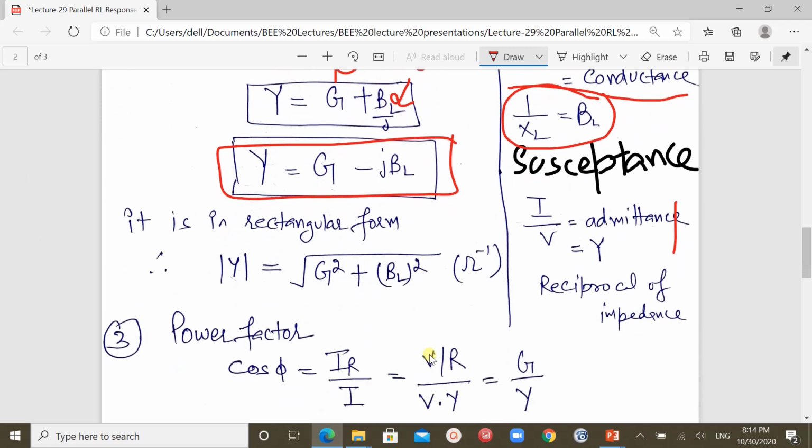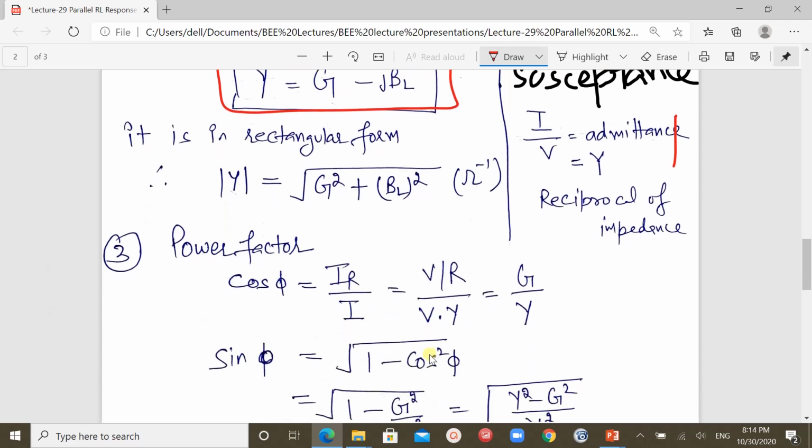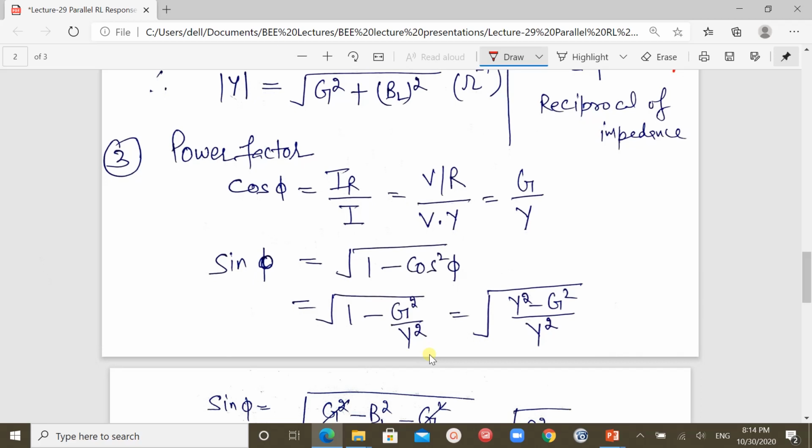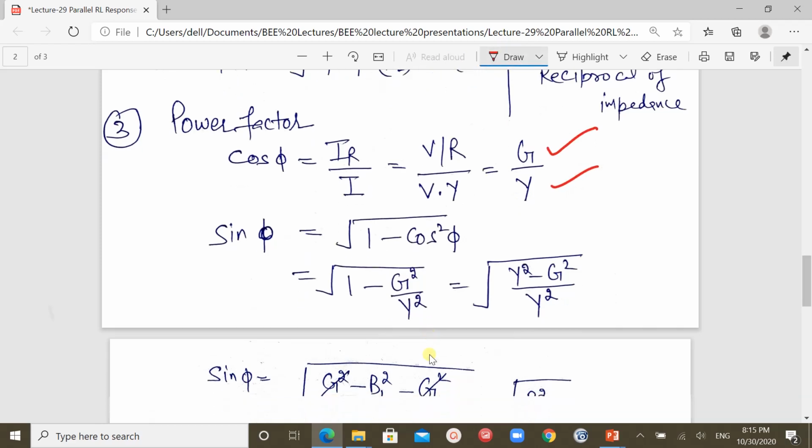If we find the modulus of admittance, it is the square root of G square plus BL square, and the unit is ohm inverse. Then the next is power factor. Power factor is cos phi. It is IR upon I. IR is V by R upon V into Y. So V and V cut down, we are left with 1 upon R upon Y. So 1 upon R is G. So we put it here, G upon Y. Then sin phi.